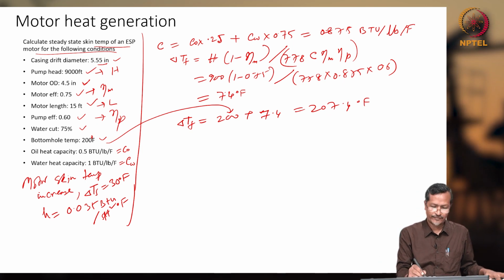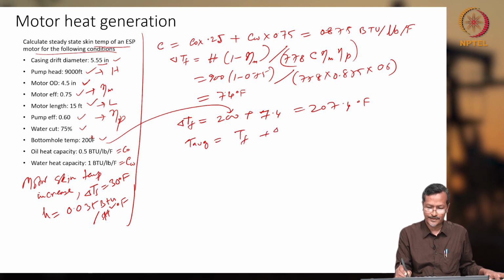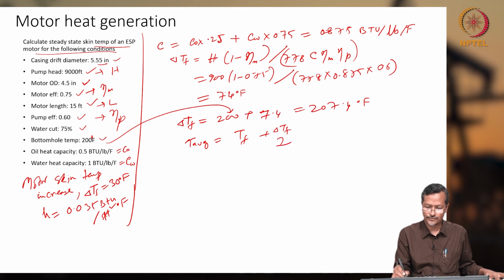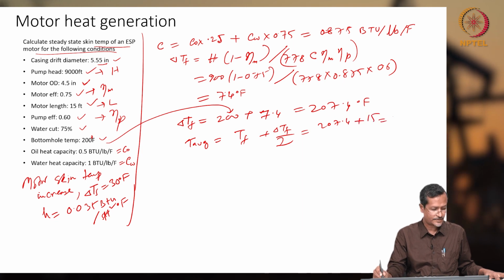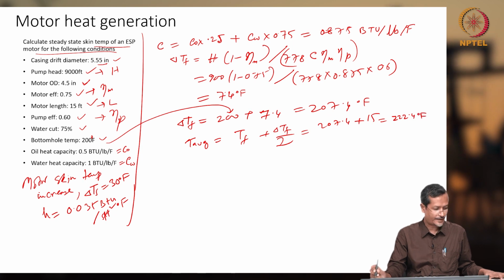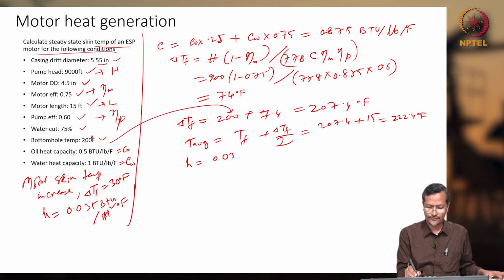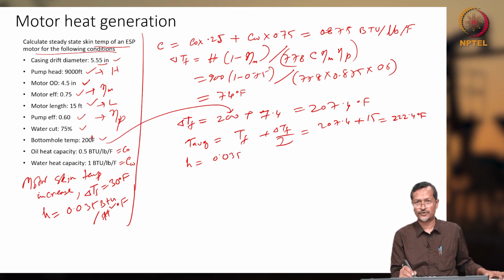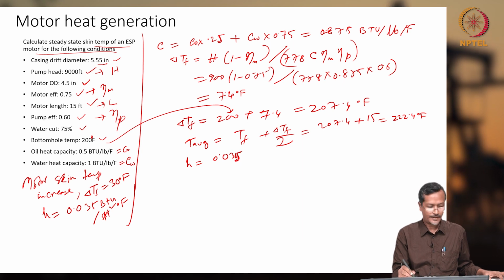Next, you calculate the average temperature: T average equals T F plus delta T F divided by 2. So finally you get 207.4 plus 15 equals 222.4 degree Fahrenheit. H is given as 0.035. If it is not given, there is a long process to calculate it. Better not to go through the long process; rather, make it simpler.